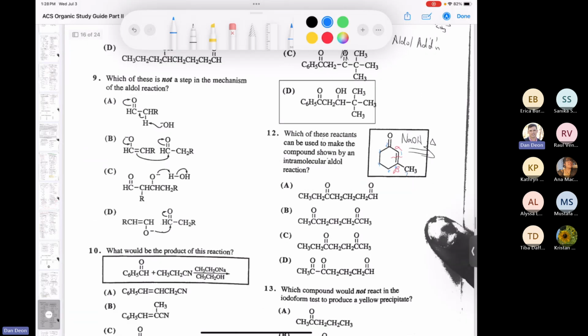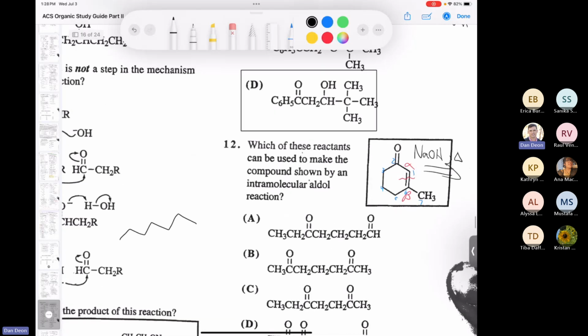If we make our chain, sorry, I'm running out of space here, it's going to look like 1, 2, 3, 4, 5, 6, 7. We can see that on carbon number 2 we're going to have a carbonyl, and on carbon number 6 we're going to have a carbonyl that looks something like that. So that must be the starting material, this diketone, which is B.